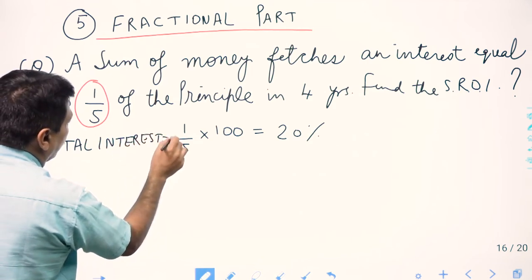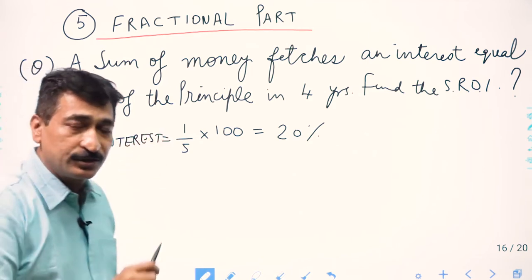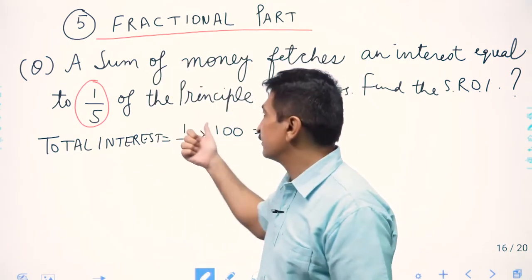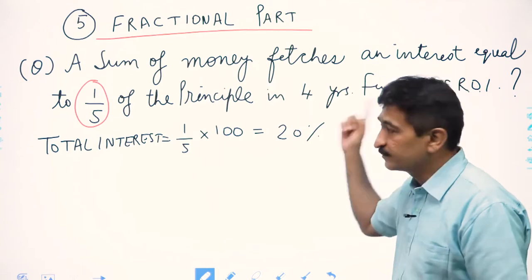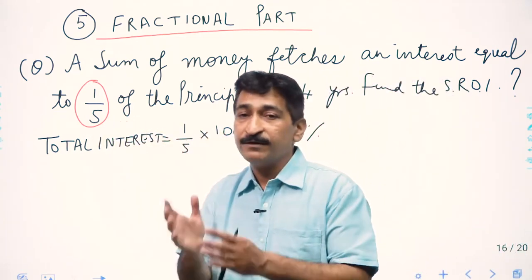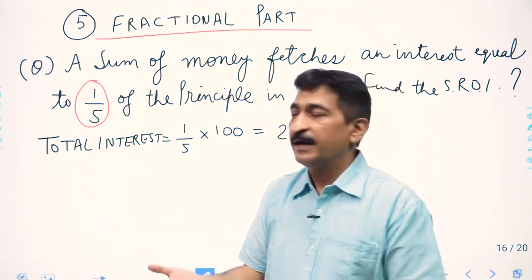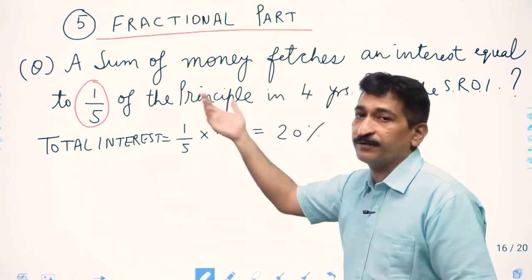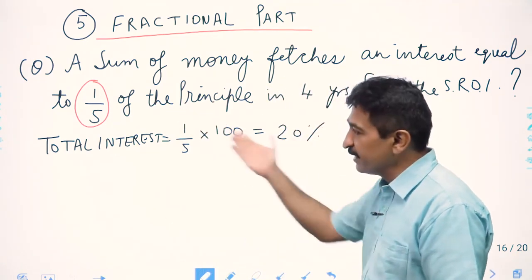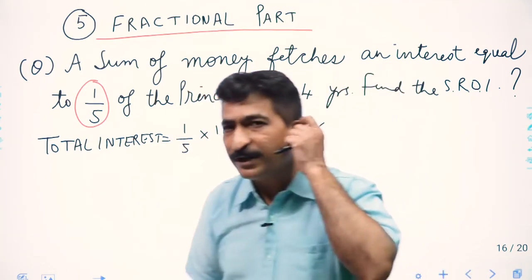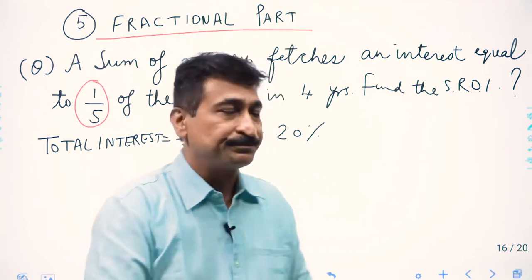Whenever you are given a fraction like this, it is interest. So when you are given a fraction as interest, you convert that fraction into percentage. So total interest is 20%. Whether you say 1/5 or 20%, it is one and the same.